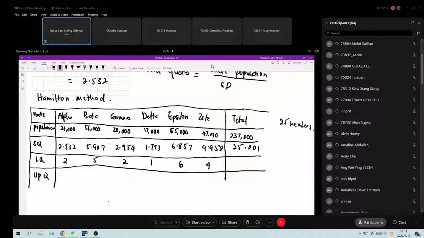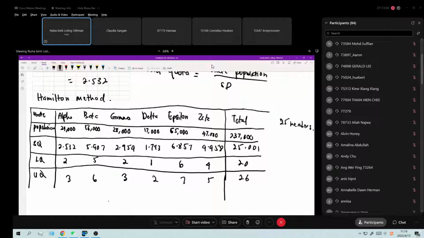When you add them up, it becomes 20. And if you check with the upper quota, this one becomes 3, 6, 3, 2, 7, and 5. So this becomes 26.